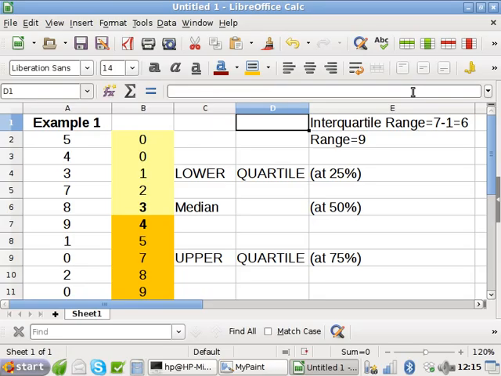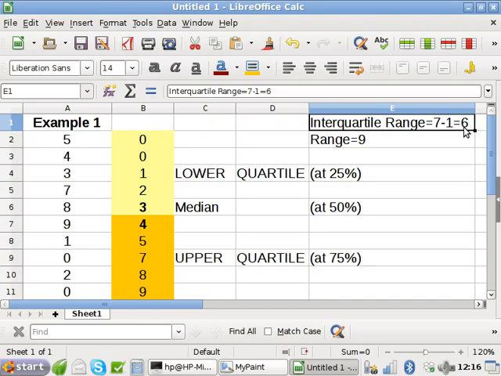What is it used for? It's used with the median. So what you can say is that half the data is within a space of 6 around the median.